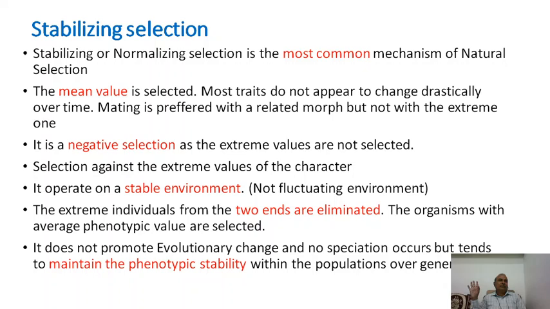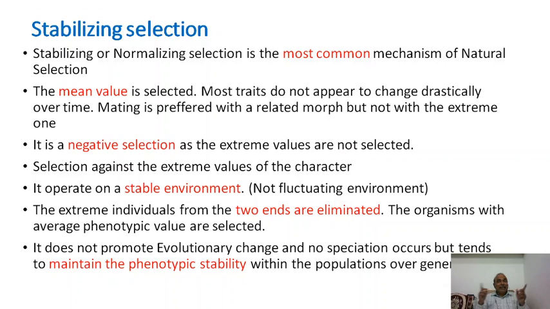So this selection operates negatively on extreme values. Extreme values are discarded. Hence, stabilizing selection is said to be negative selection. They are removed from the population gradually over generations. Only the mean value individuals are always favored.